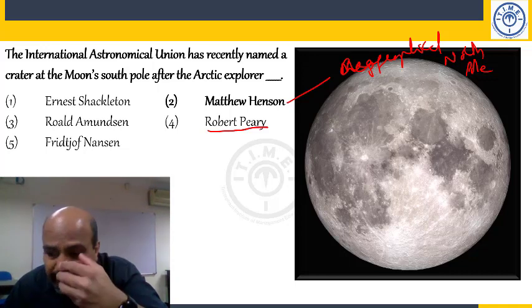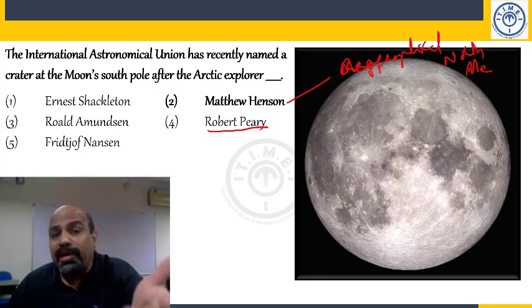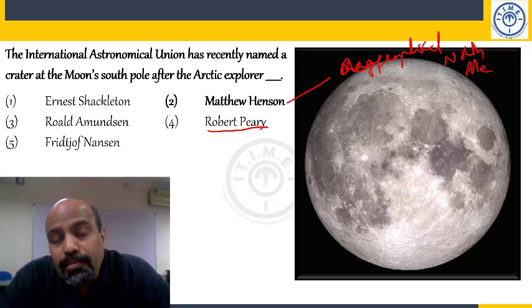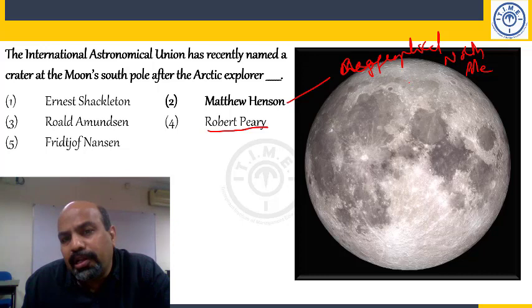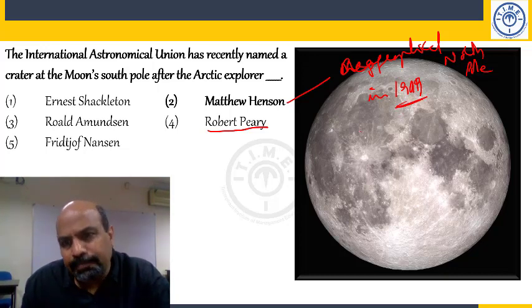Some people attribute a racist motive to that. Peary was a white American, while Hansen was black, and there are problems with that also. So Hansen is said to be the first person to have reached the geographical North Pole in 1909, 2 years before someone went to the Antarctic.